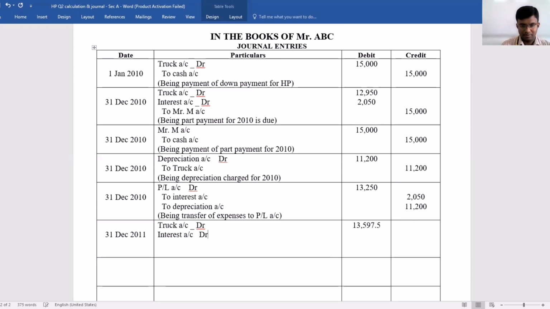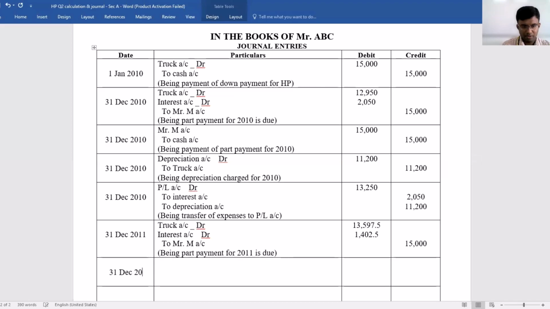Interest account debited, 1,402.5, to Mr. M account, 15,000, being part payment for 2011 is due.